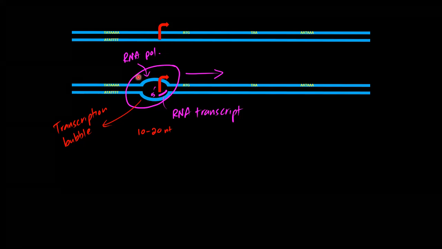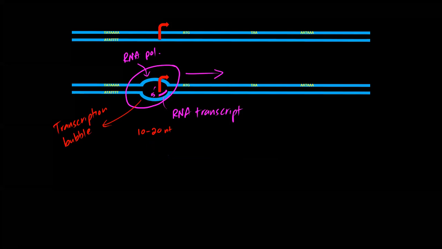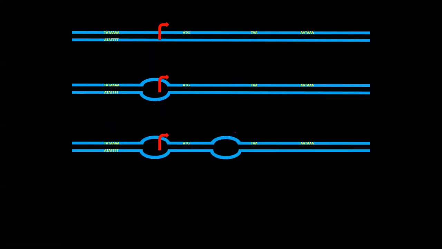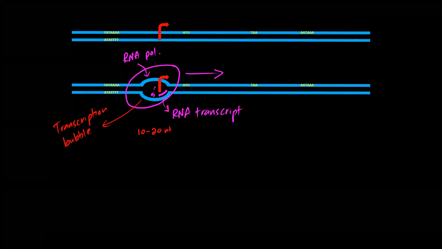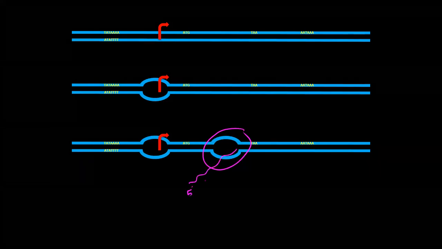Here, the RNA polymerase has already synthesized the first nucleotides of the RNA transcript. So let's call this the first RNA polymerase that binds. It's already here, and the RNA transcript is long.